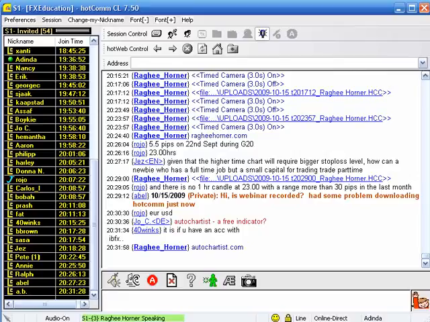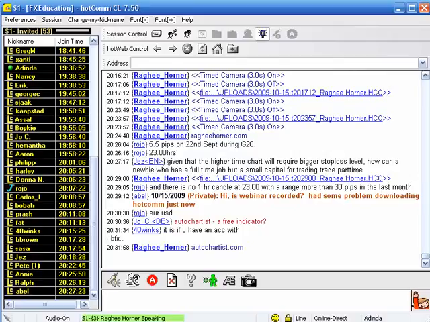You can also get, right here at FX Street, some Autochartist sample chart pattern alerts. FX Street Premium members get access to the Autochartist software, which is different. I'll probably talk a little bit about that tomorrow.